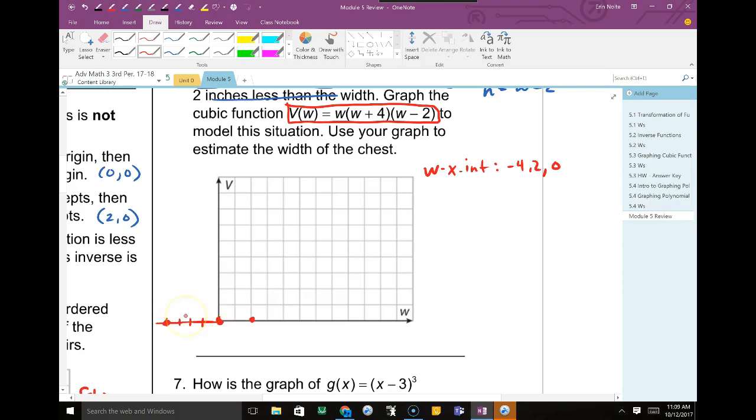What is this function going to look like? A John Travolta, right? And it's going to cross through each of the points. His right arm is going to be up, so he's going to go up like this, down, and continue upwards. Okay, so use your graph to estimate the width of the chest.